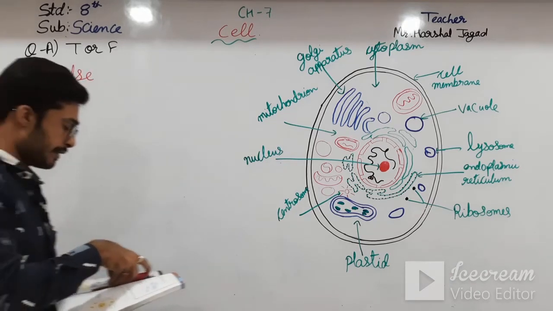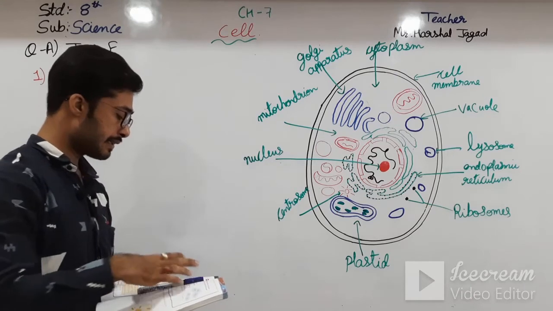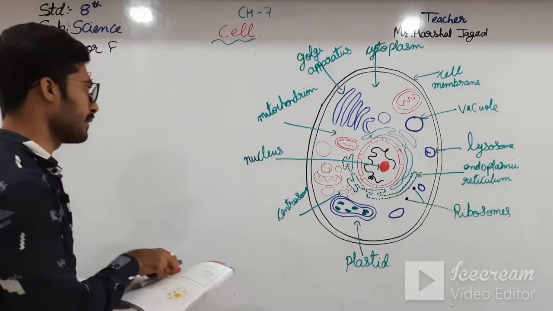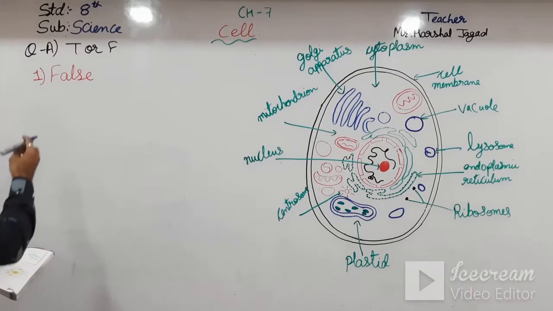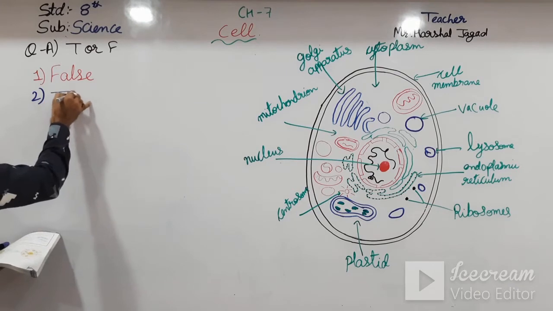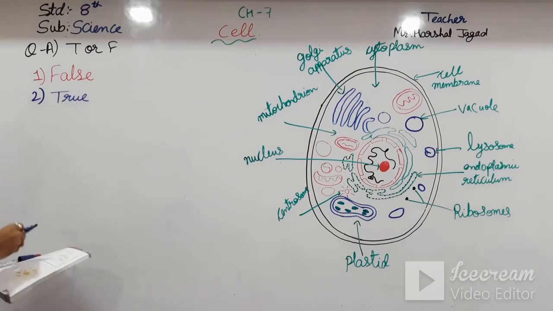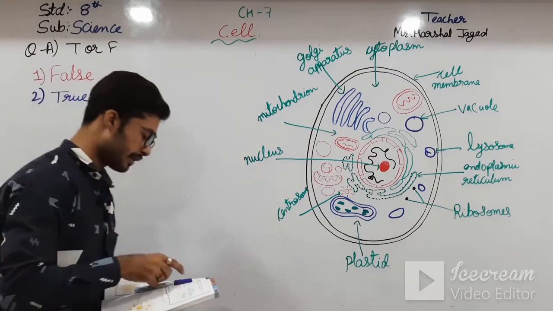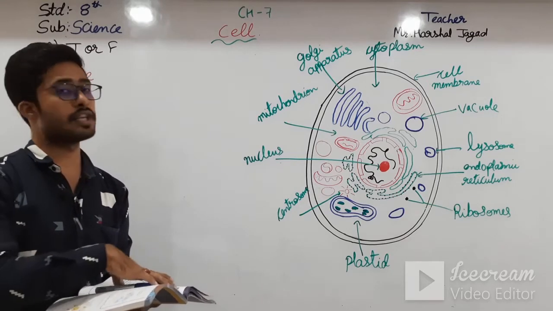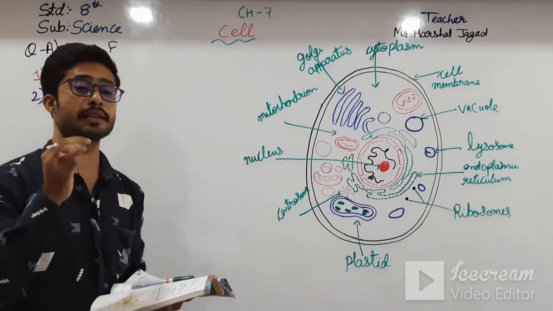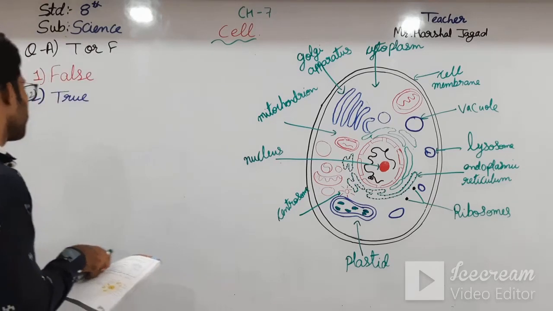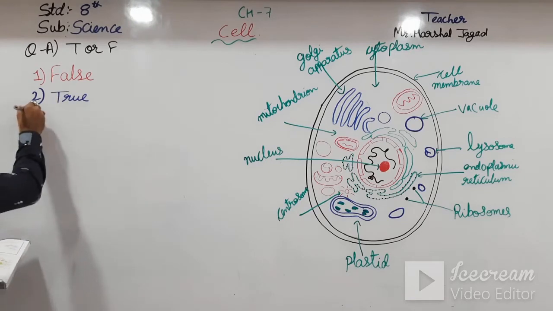Second, a cell is the building block of an organism. Yes, that is true. Okay students, moving towards the third one: all cells are the same in size and shape. No, all cells have different sizes, shapes and functions. So, the third one is false.